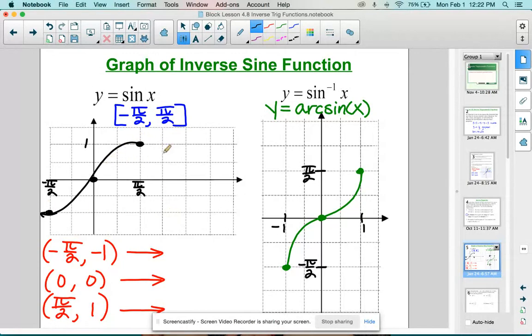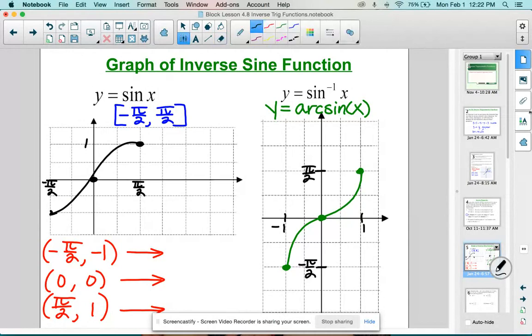So this is the sine wave. This is part of the sine wave. It's just been cut down so that we're looking at a piece that is one-to-one. Okay, remember that this step is required to create an inverse function. So this blue interval up here, that's the domain that currently exists after the restriction was done, okay?